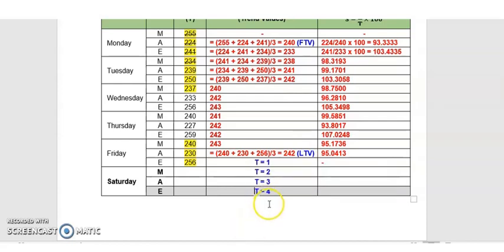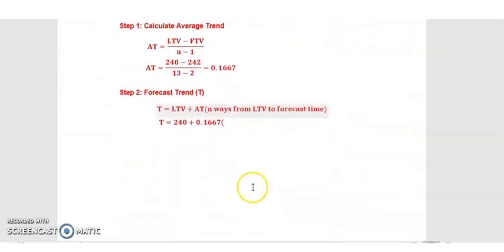So t equals 4. Substitute here 4, and we will get the trend value 242.6668.